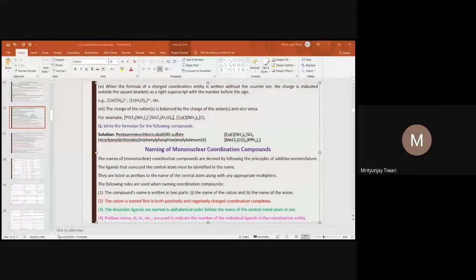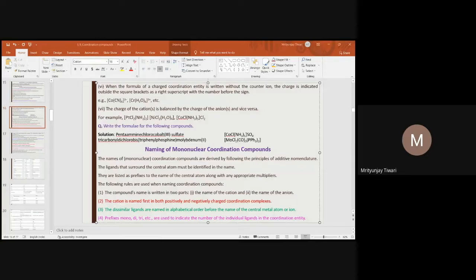The names of mononuclear coordination compounds are derived by following the principles of additive nomenclature, recommended by IUPAC. What does it mean? The ligands that surround the central atom must be identified in the name. While explaining how to write the chemical formula, I identified the ligands that are there, like carbonyl, fluoro, triphenylphosphine.